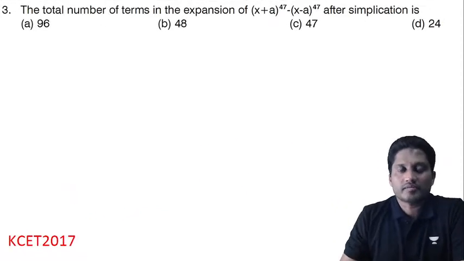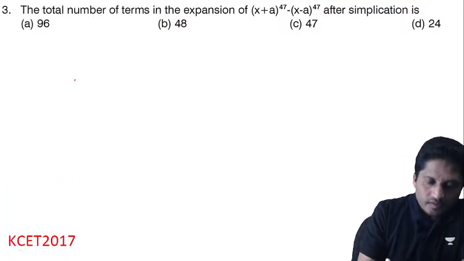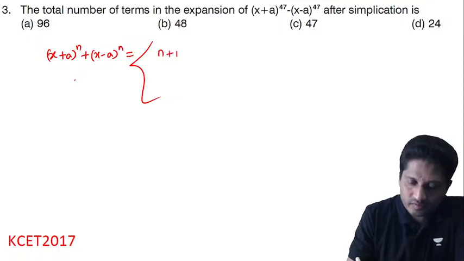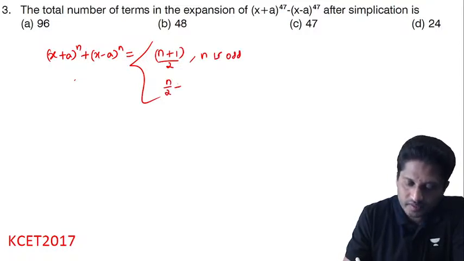The total number of terms in the expansion of, now listen. When you have (x plus a) power n plus (x minus a) power n, the number of terms in the expansion will be (n plus 1) by 2 if n is odd, and n by 2 plus 1 if n is even.